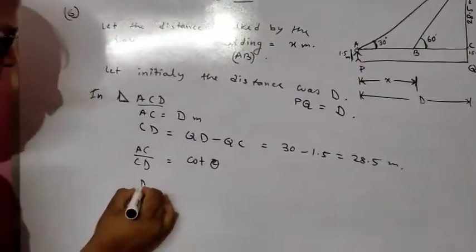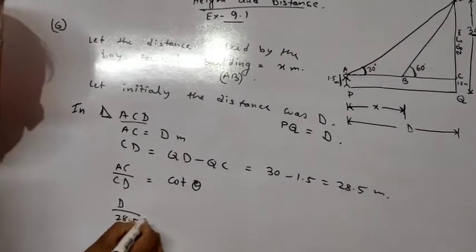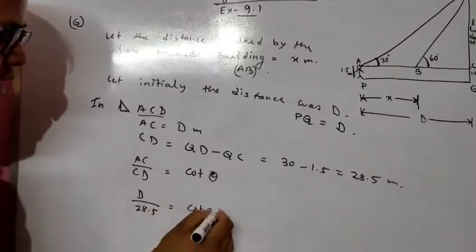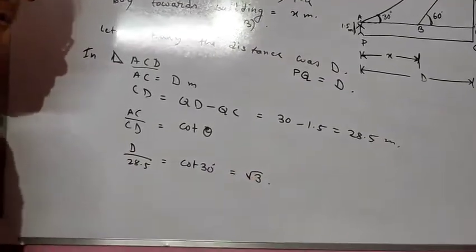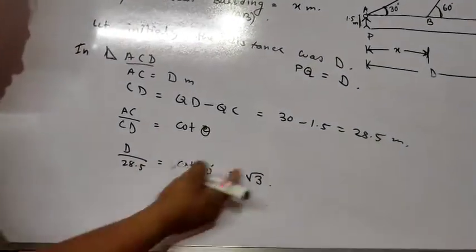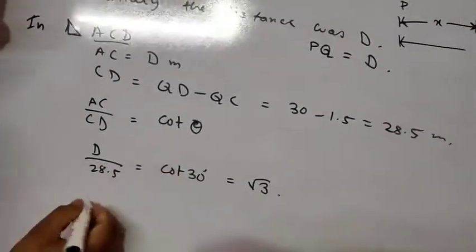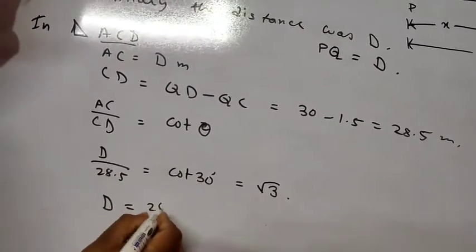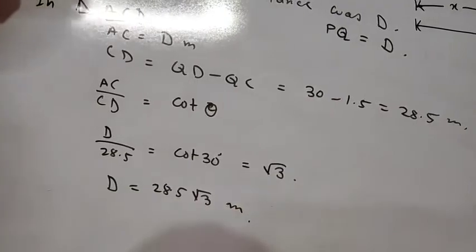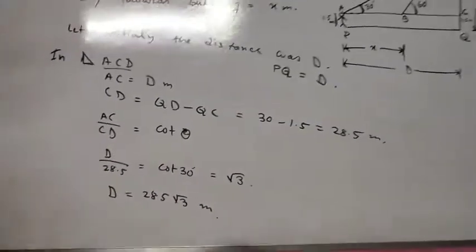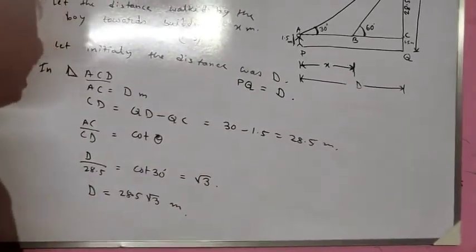So AC is D divided by 28.5 equals cot 30 degree, and we know the value of cot 30 degree is root 3. Cot 30 degree and tan 60 degree have the same value, that is root 3. So D we have got as 28.5 root 3 meter. This is the value of D we have got.